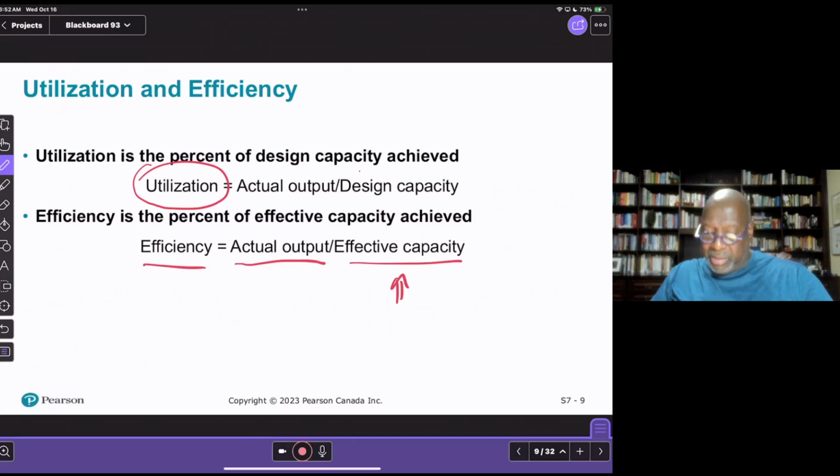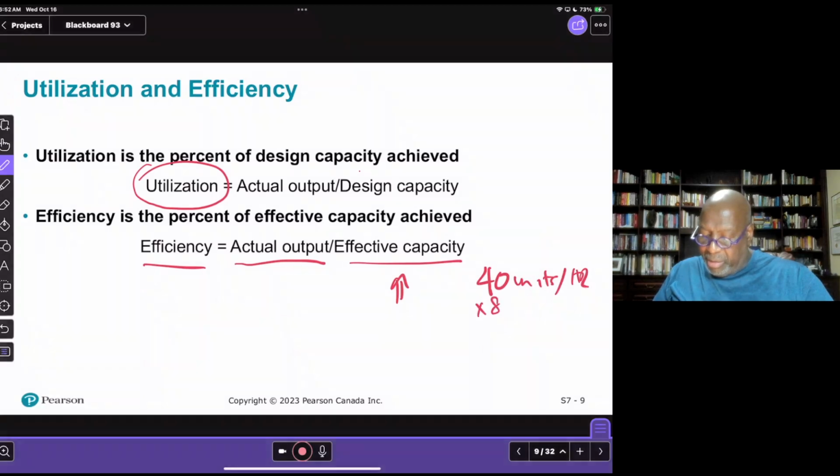So earlier I was talking about, well, because of the shape of the box, or the process itself, basically downtime, maintenance, we're limited to like 40 units per hour, and then multiplied by 8 hours per day, which gave us 320. So that would be our effective capacity.